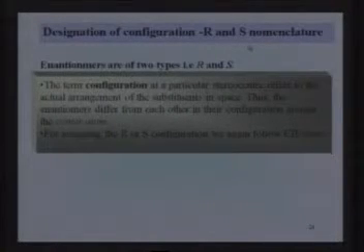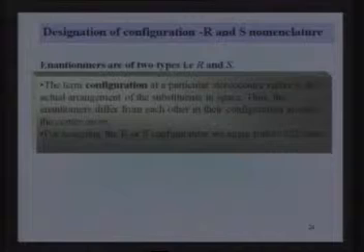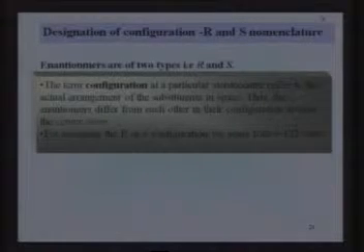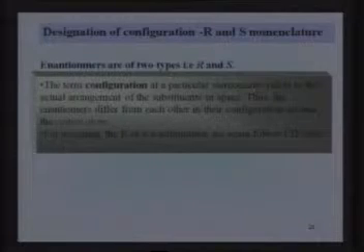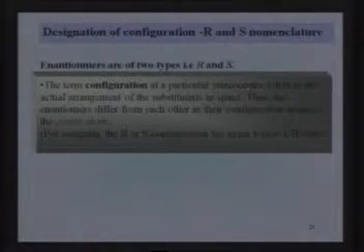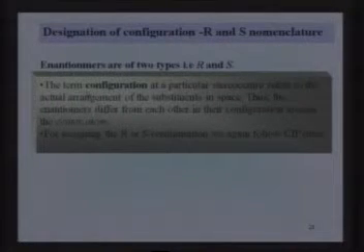So there are actually set rules by which we assign these configurations, and by which we come to know the absolute configuration of that particular optical isomer. Let us see how we do this.